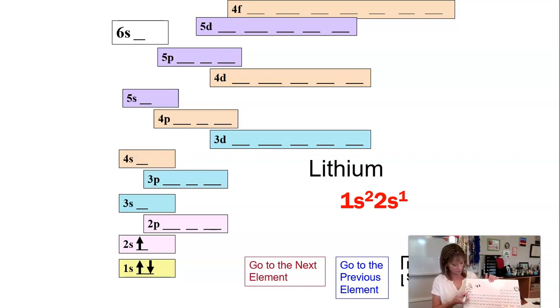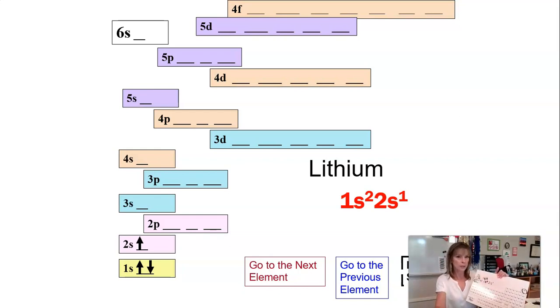Lithium is also in the S block, and it's the first electron, second energy level. So lithium's electron configuration is 1s2, because there are electrons in hydrogen and helium, and then 2s1 because lithium is in the second energy level, S block, first electron.